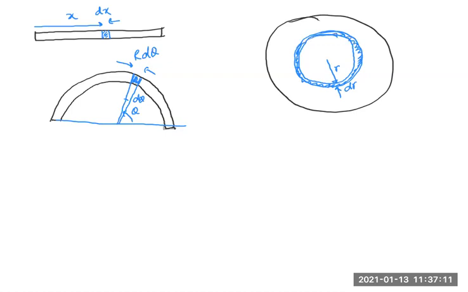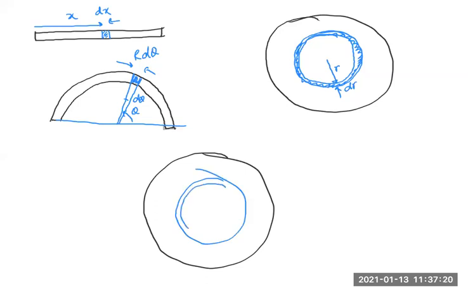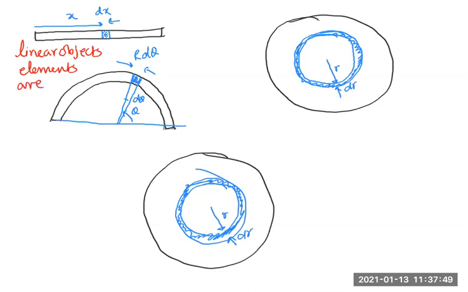And for the same diagram, a solid sphere is made up of a large number of hollow spheres. Again, the diagram will be the same. Let me write this. Linear objects: elements are point particles.